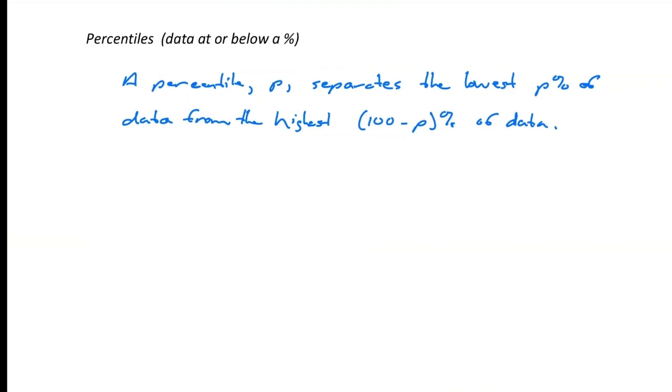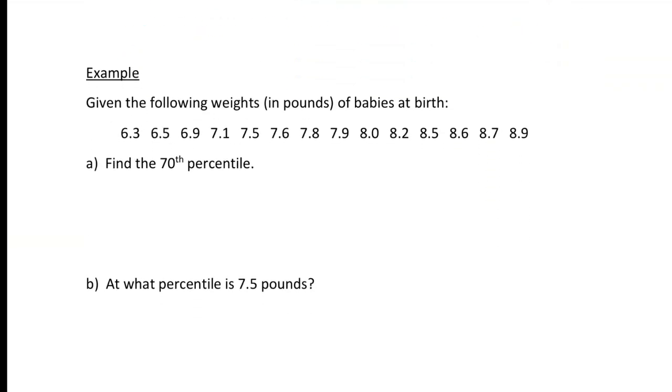So it's maybe a little bit of a goofy notation, but if you think about it, if I'm at the 80th percentile, then that separates the lowest 80% from the highest 100 minus 80 or 20%. In other words, if I'm at the 80th percentile, 80% of scores are below mine, 20% of scores are above mine. All right.